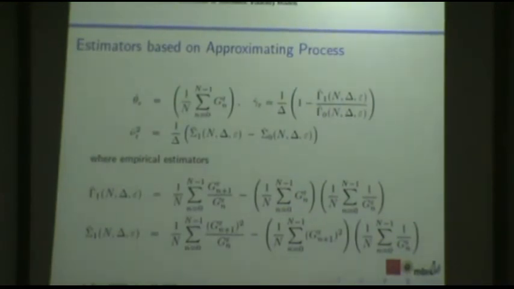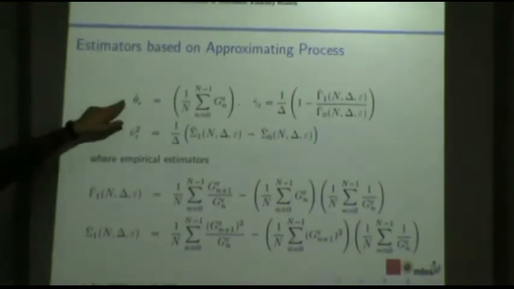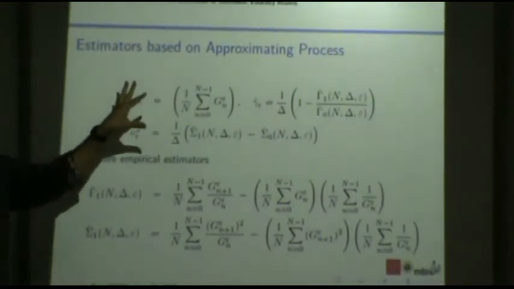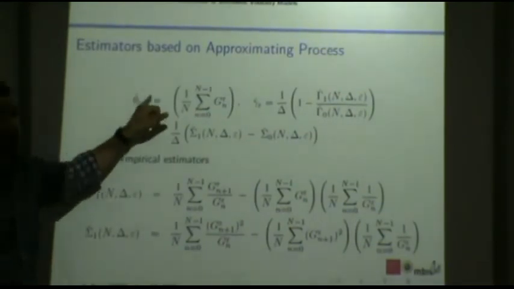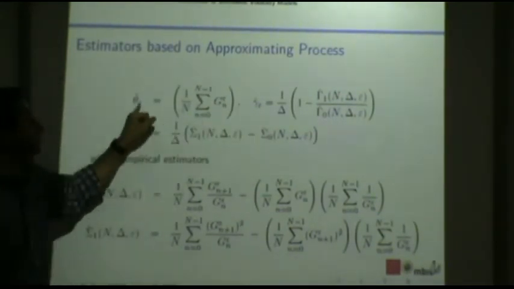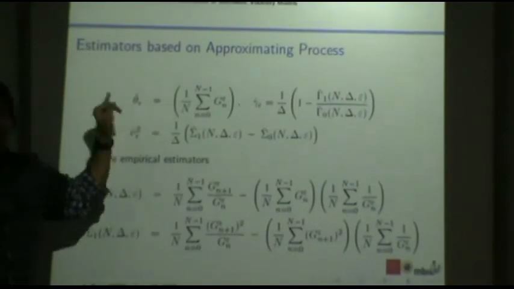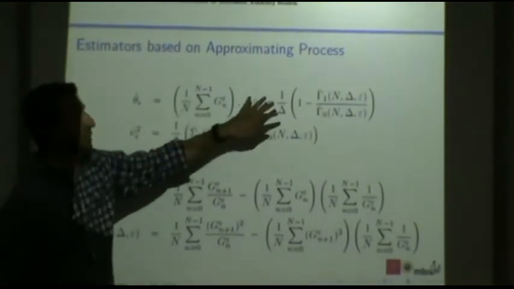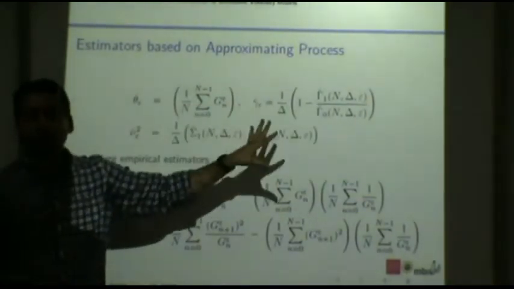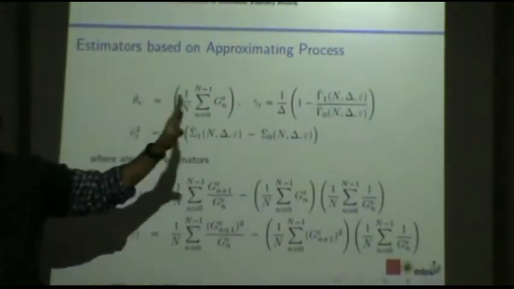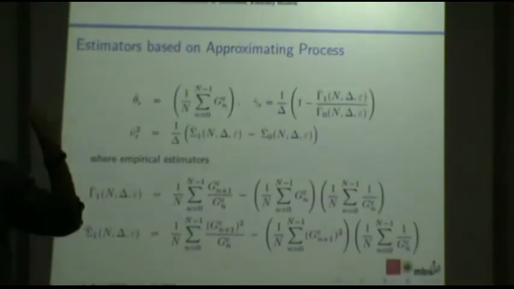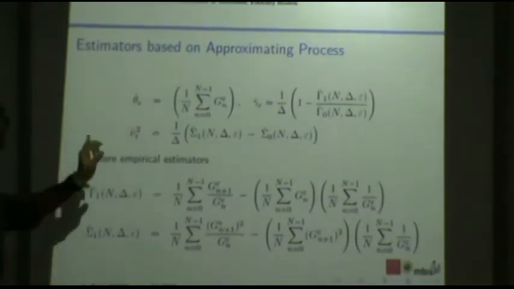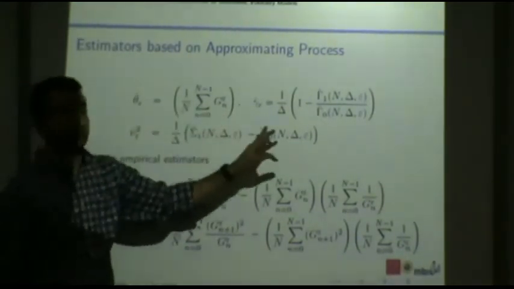So here I've stated what those parameter estimators are. These three parameters are the ones that appear in my volatility process. Those can be represented as some functions of covariance, some functions of the moment estimates, either the first order moment or the second order moments.